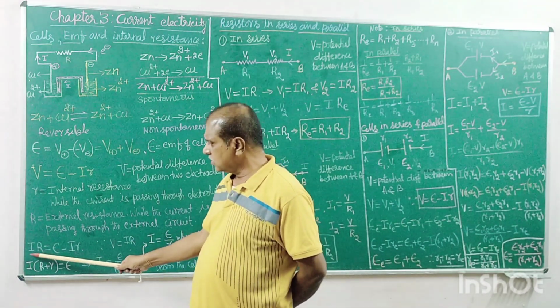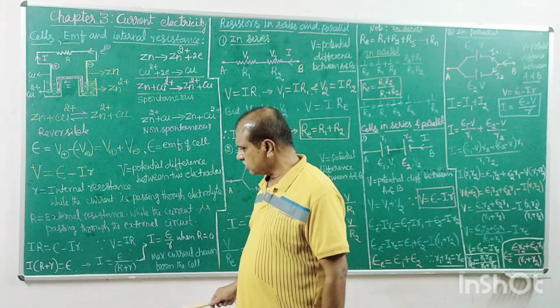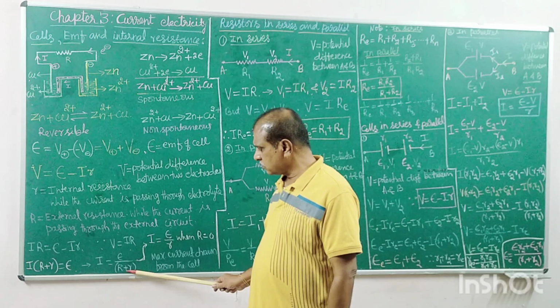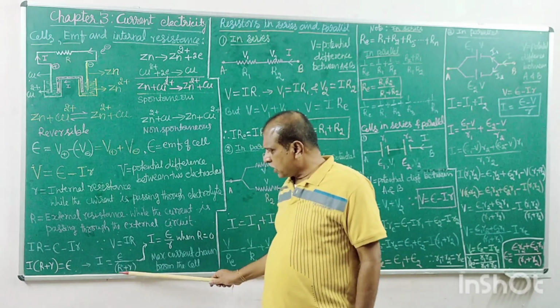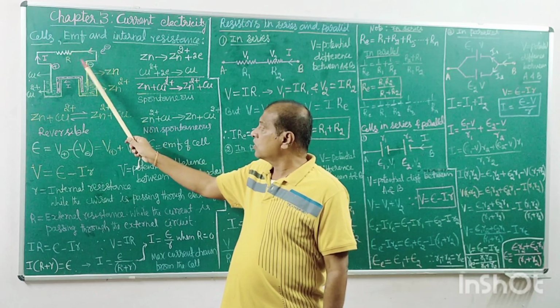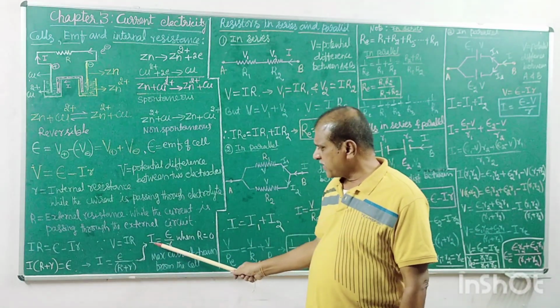So we can solve for I using the equation. I is equal to epsilon divided by R plus r. When you put R equals 0, that is resistance equals 0, you are about to use the power. What is the maximum current?